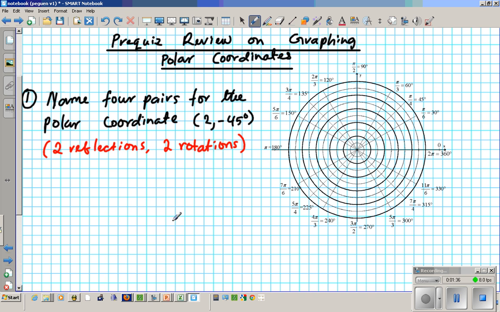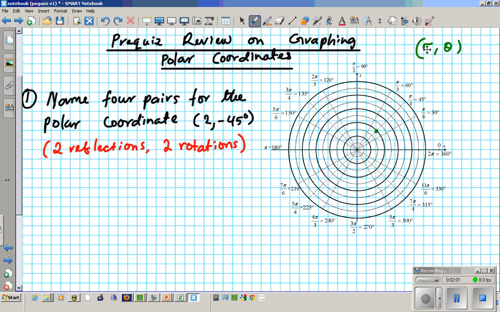Now let's graph where the point is first, and then we're going to start writing down the answer. So (2, 45) is right here. Since the angle is negative, what does that mean? We'll have r and theta.